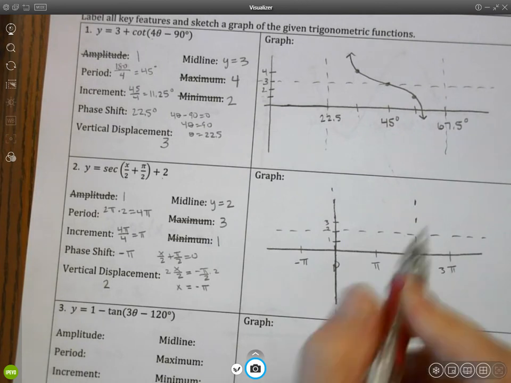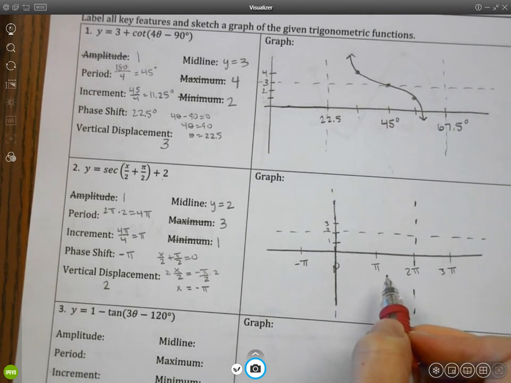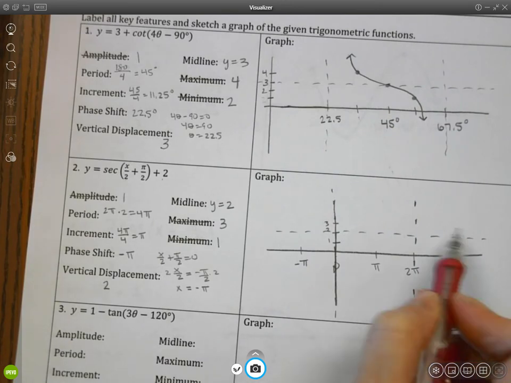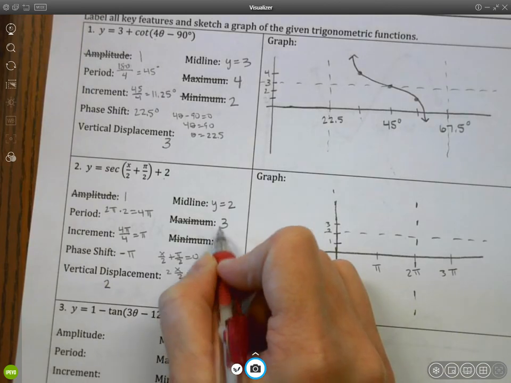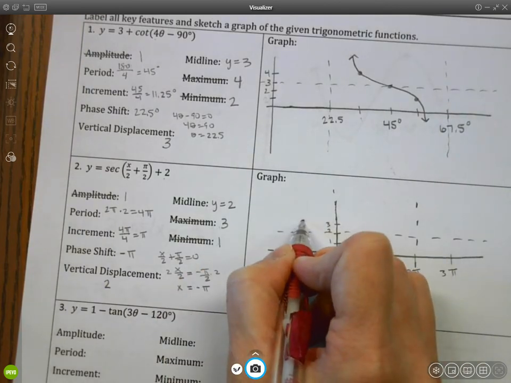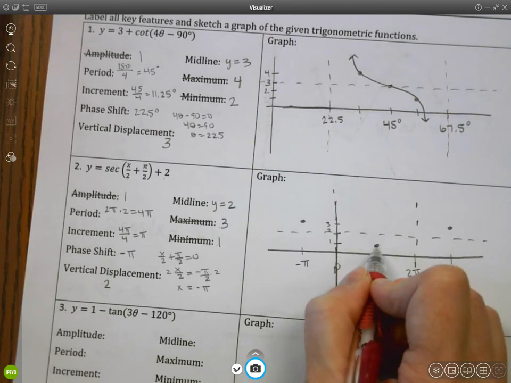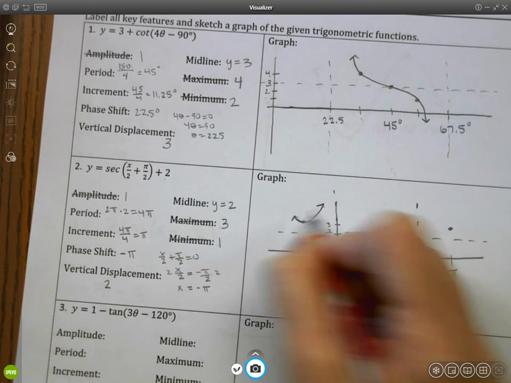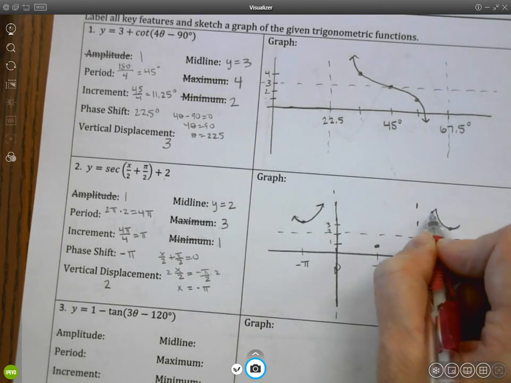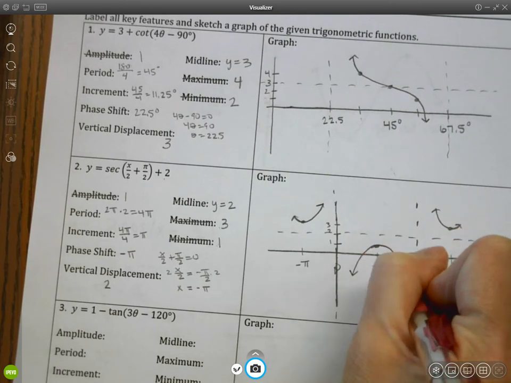We are going to have a U that goes down in the middle, and then ones on the outside that go up, and we know where to put those points based on these max and mins. So we have a point at 3 on those outside points, and a point at 1 on those inside points. We're going to make a U that points up here and here, and that points down here and here.